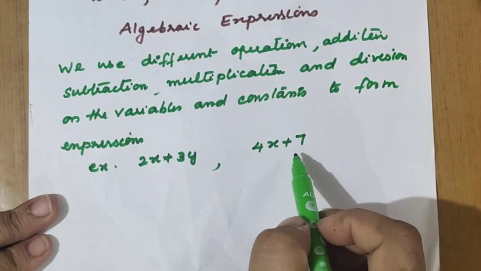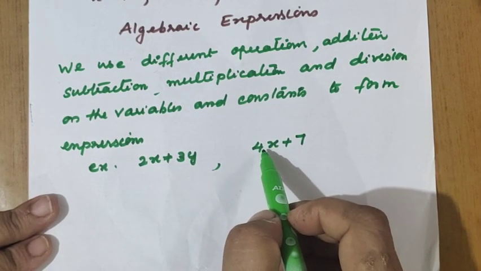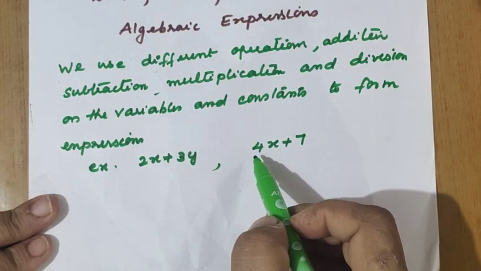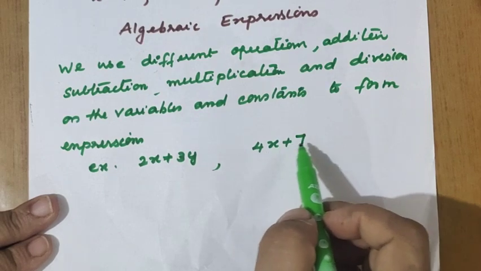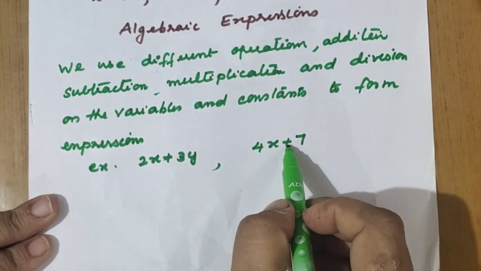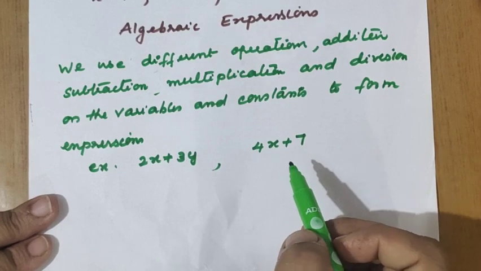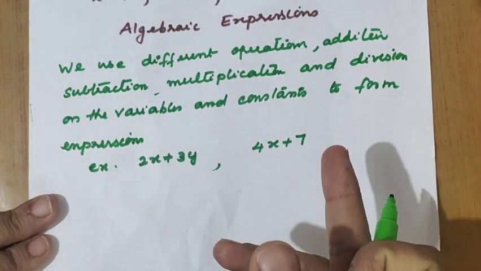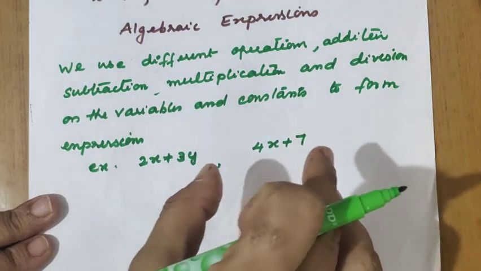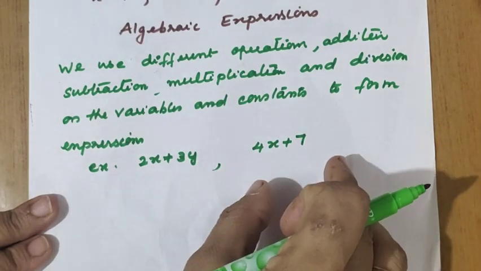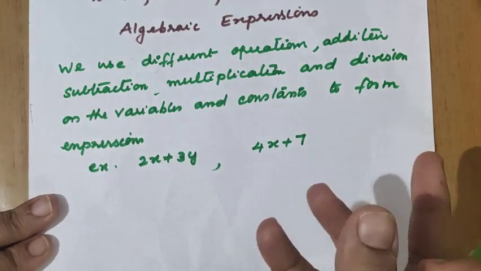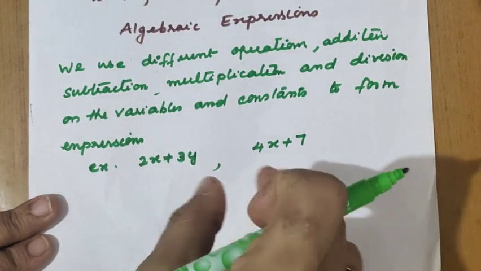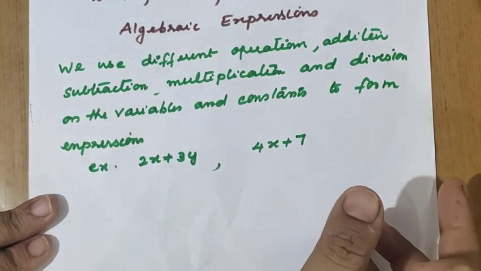So the constant is 7 here, and 4x has the variable x and the number 4, and both are connected with which operation? It is addition. So the product 4x is added to 7. We are using different operations, addition, subtraction, multiplication or division, on variables and constants to make expressions.